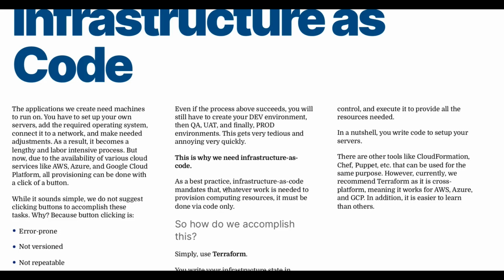For example, if I need an EC2 instance in the AWS cloud, I will write a Terraform .tf file, for example main.tf. In main.tf I will write the required EC2 instance resource, give it a name, and run terraform apply. Then it will take the AWS credentials stored in my system and deploy the EC2 instance in the cloud.